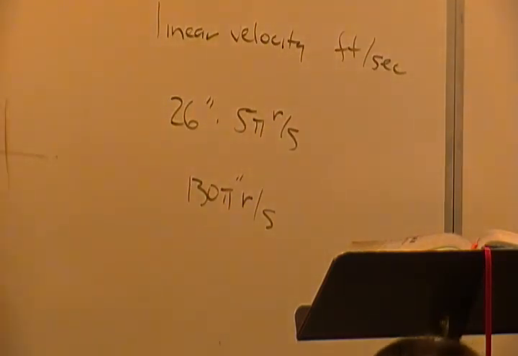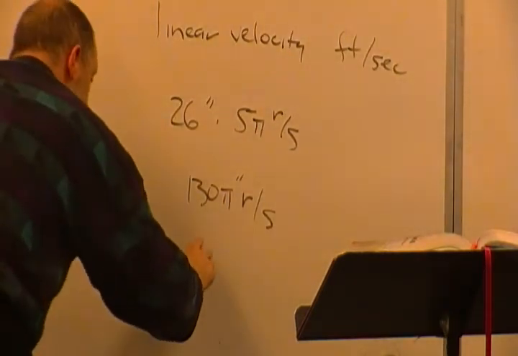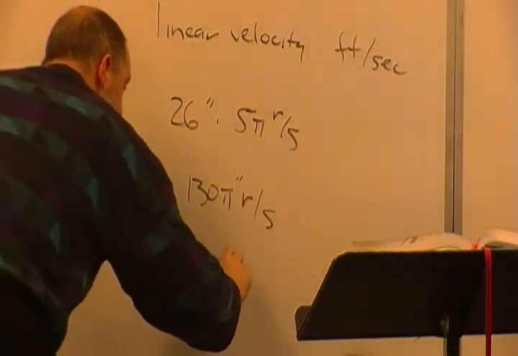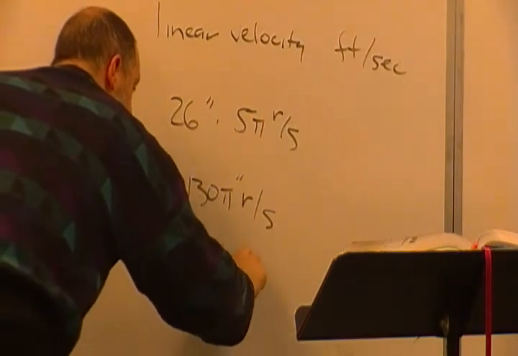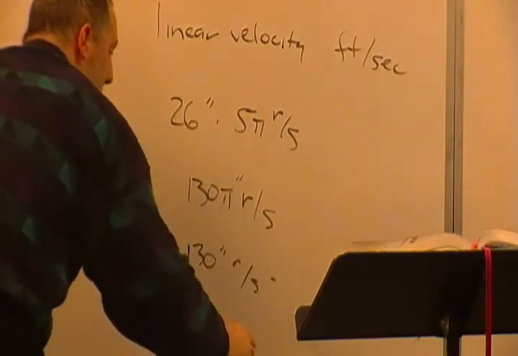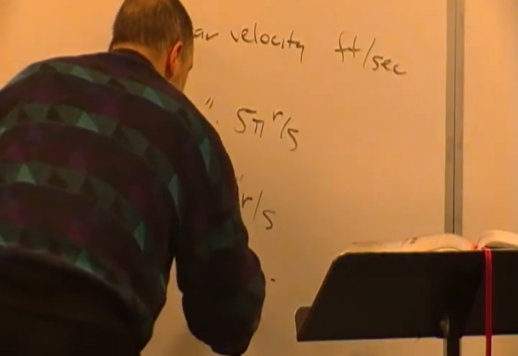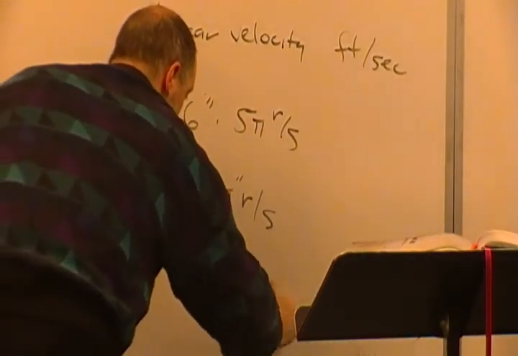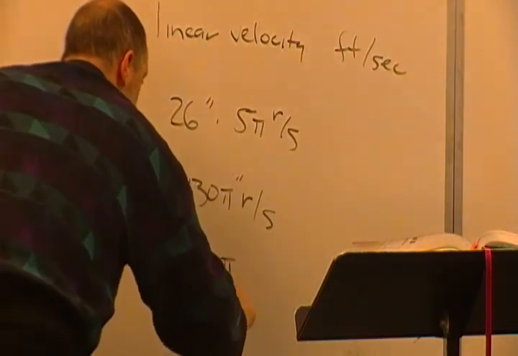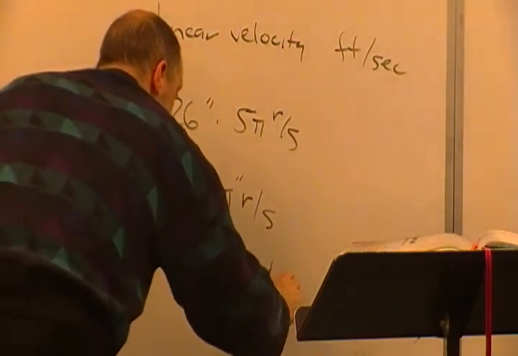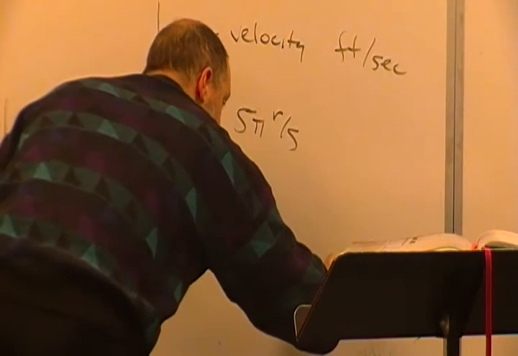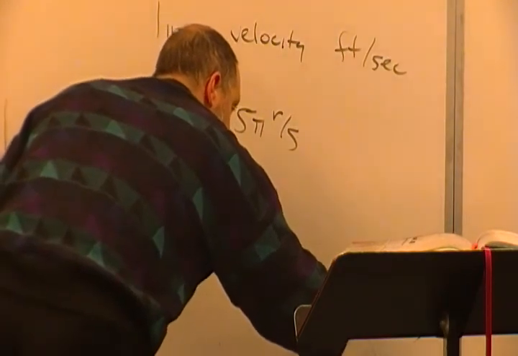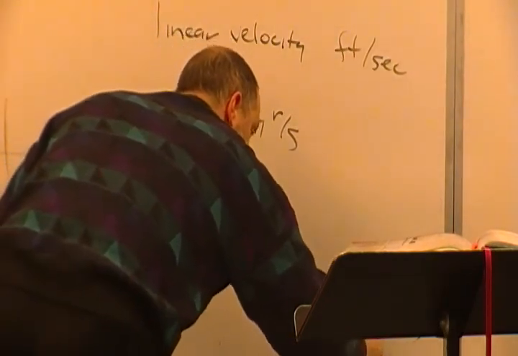When you multiply the whole thing out, so we're going to take 130 pi inch radians per second, and I'm multiplying this by 1 foot over 12 inches.